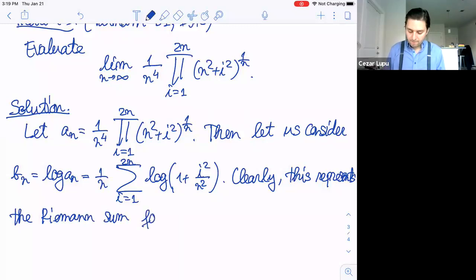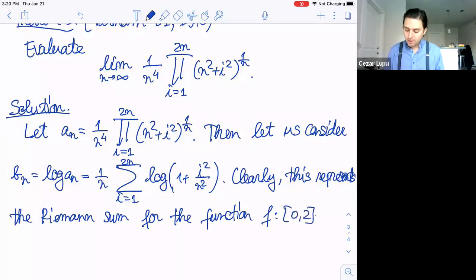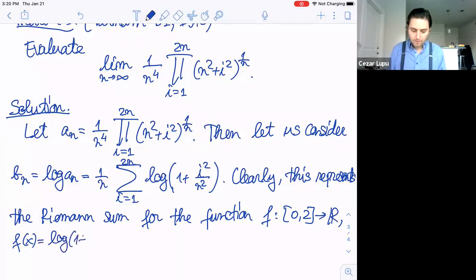For the function, and pay attention now because I'm going all the way from 1 to 2n. So for the function f defined on the interval 0 to 2, real valued, and the function is given by log of 1 plus x squared.